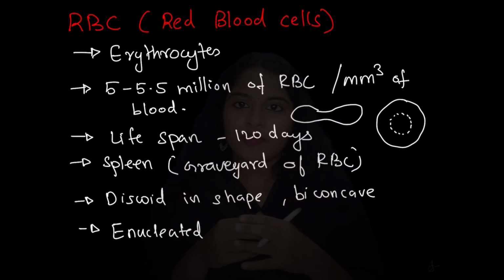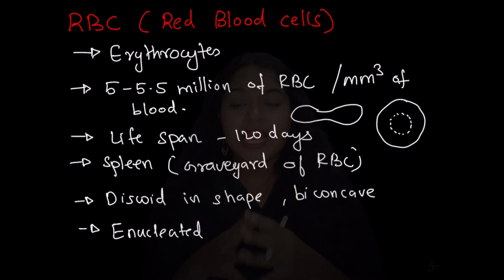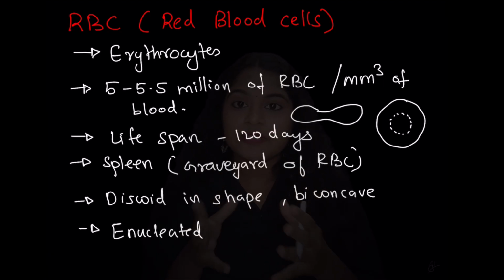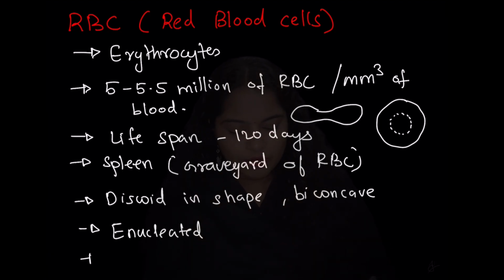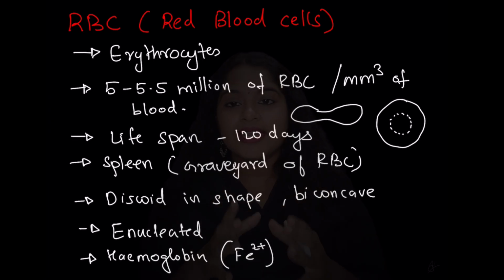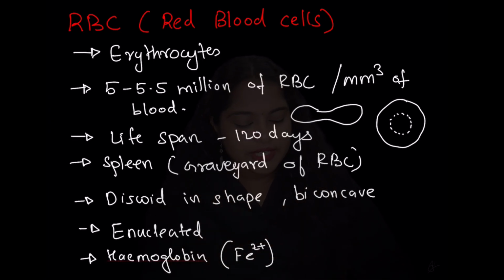For transport of oxygen, RBCs have a specialized pigment in their body, and that is the hemoglobin. This is an iron containing red color pigment which helps in the transport of gases. So it is also called the respiratory pigment.